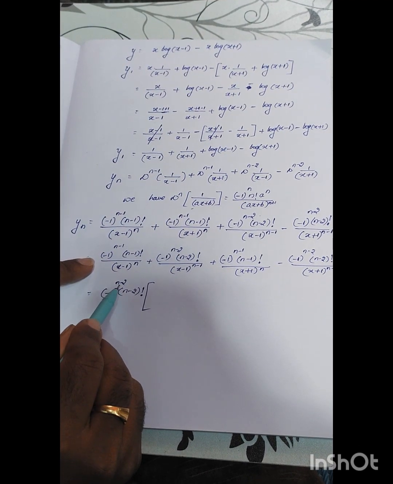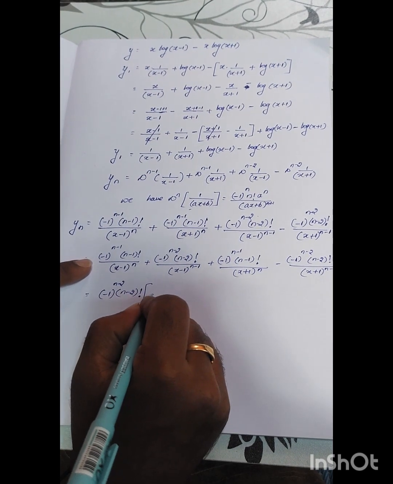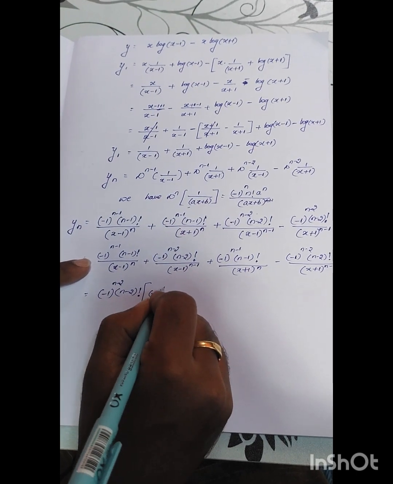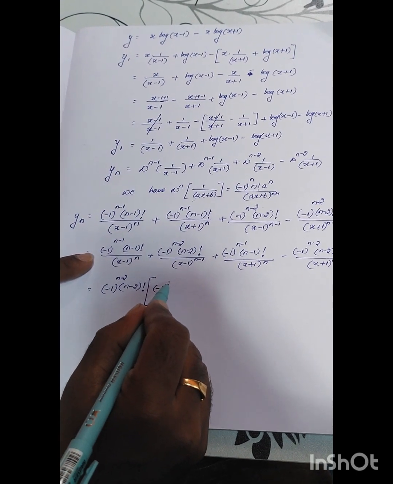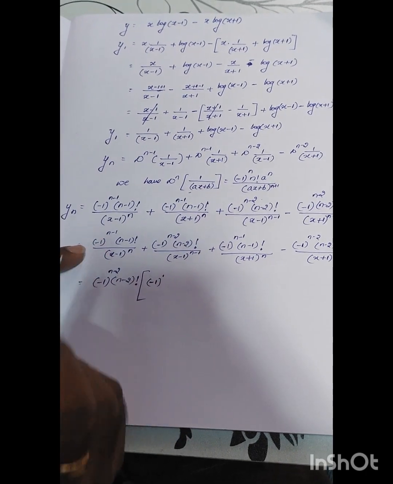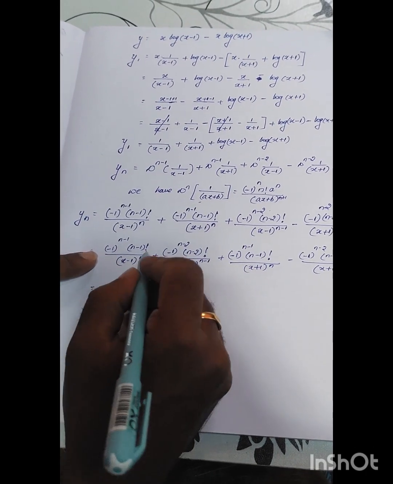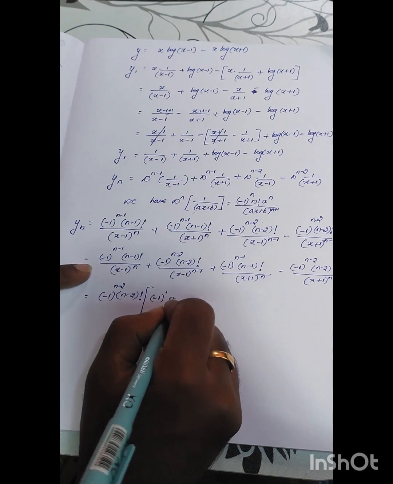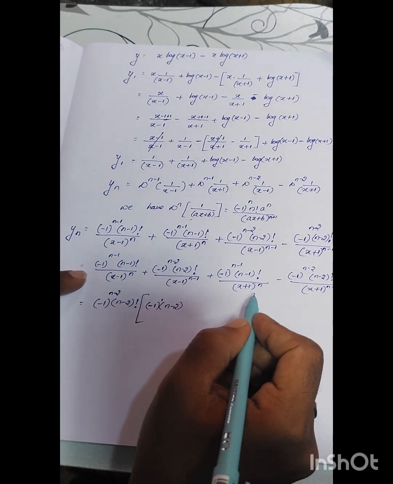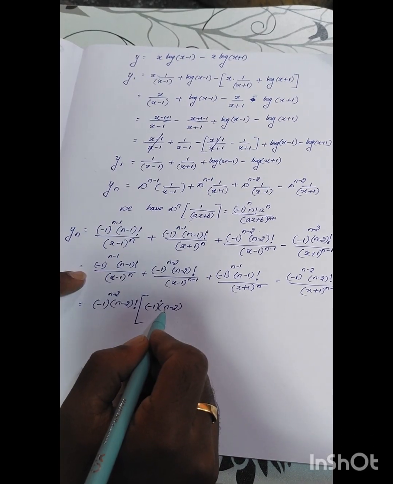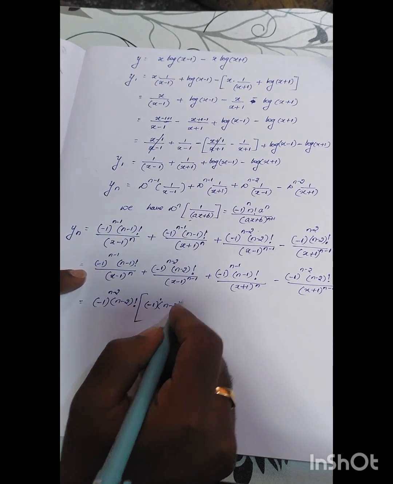Here I have minus 1 raised to n minus 2, so I have to multiply it by minus 1 raised to 1. So what happens? Minus 1 raised to n minus 2 times minus 1 raised to 1, minus 2 plus 1 will become minus 1, so minus 1 raised to 1. And here I have to write n minus 2. n minus 1 factorial can be written as n minus 1 into n minus 2 factorial. So I have to write it here as n minus 1.